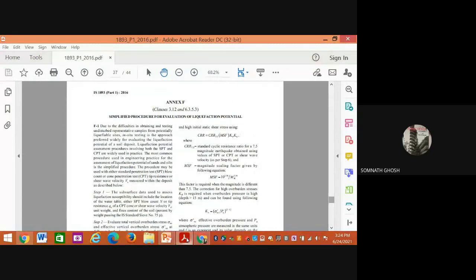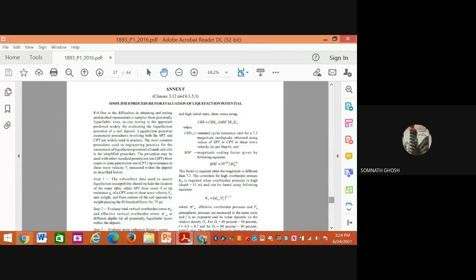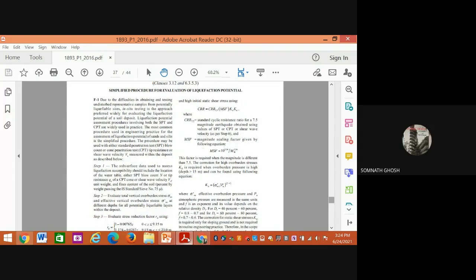So this is the IS 1893 Annex 5 F, right? And the procedure is given here, right? Now, you have to go through it carefully. Steps are given.